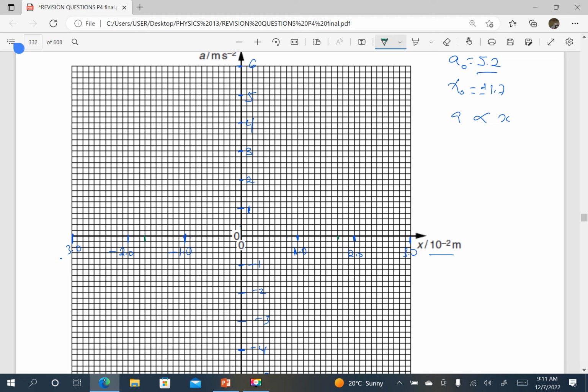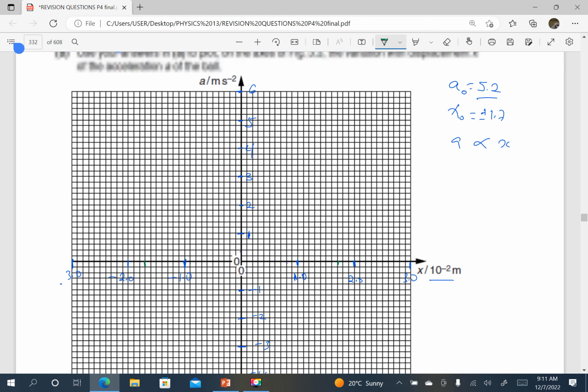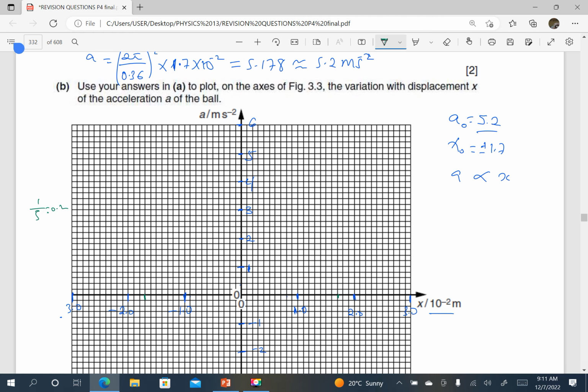Then I now need 5.2 on both axes. The scale on the vertical, remember, is 1 unit representing 5 small boxes. So I have 1/5, which is 0.2. One small box is 0.2 on the vertical, so I want 5.2. So for 5.2, I will add one small square on 5. So I'm plotting a point which is 5.2 against 1.7.